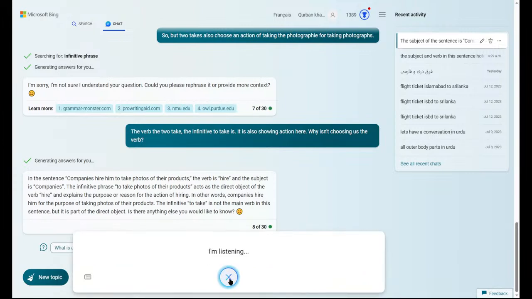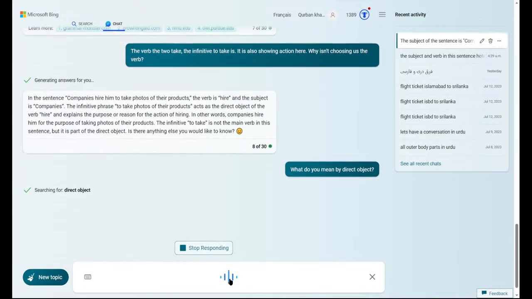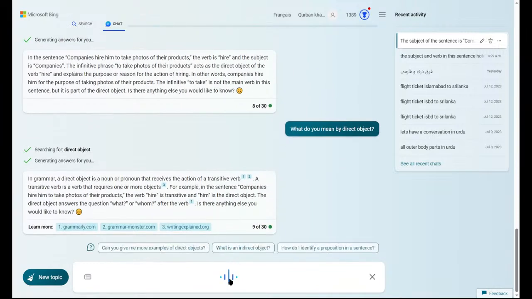What do you mean by direct object? Searching for direct object. In grammar, a direct object is a noun or pronoun that receives the action of a transitive verb. A transitive verb is a verb that requires one or more objects. For example, in the sentence, companies hire him to take photos of their products, the verb hire is transitive and him is the direct object.